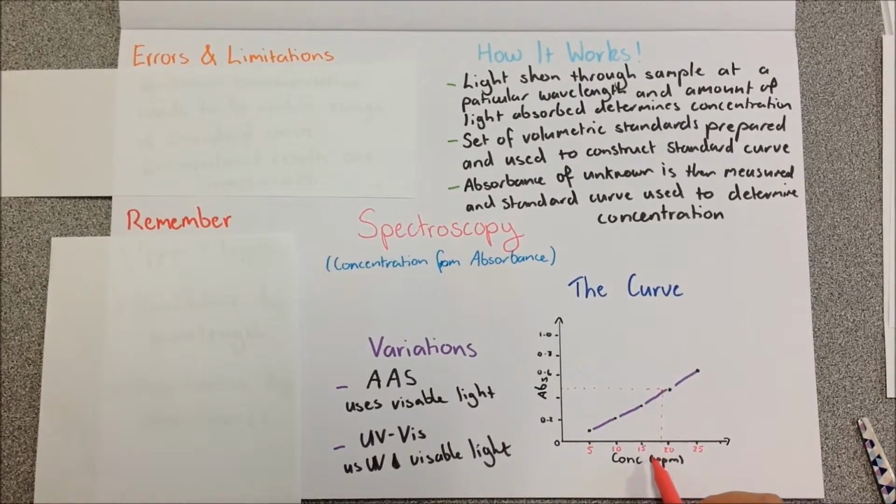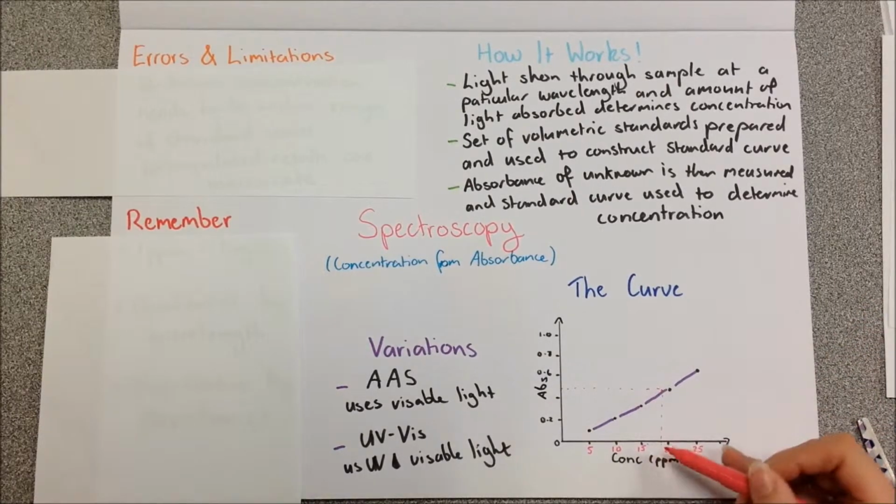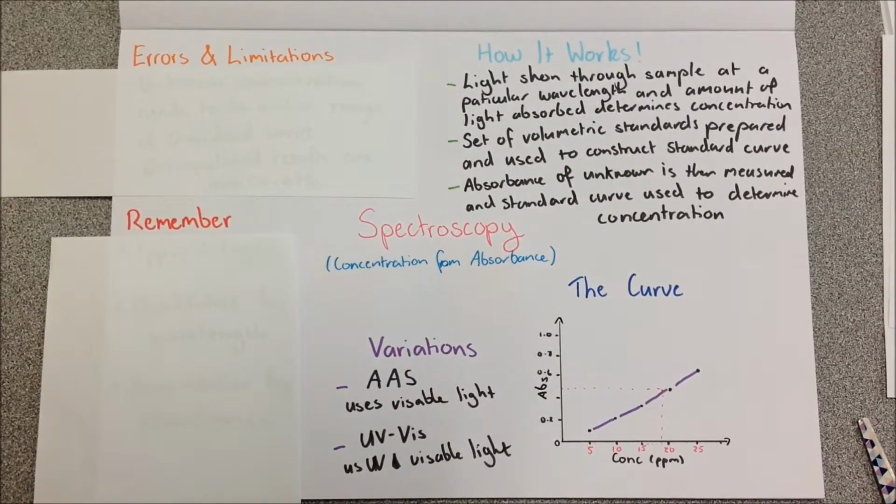So I would read that as 19 parts per million. So we could say that we used our atomic absorption spectroscopy and our standard curve to determine the unknown concentration to be 19 parts per million.